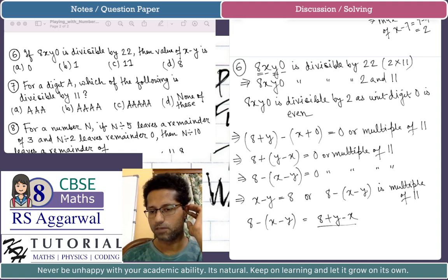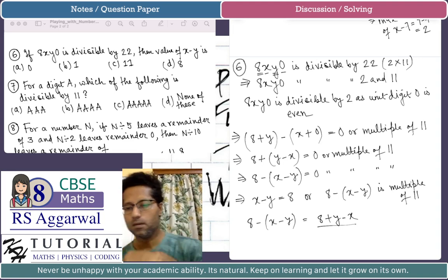Can we make 8 plus y minus x equal to 11? Can we have 11?